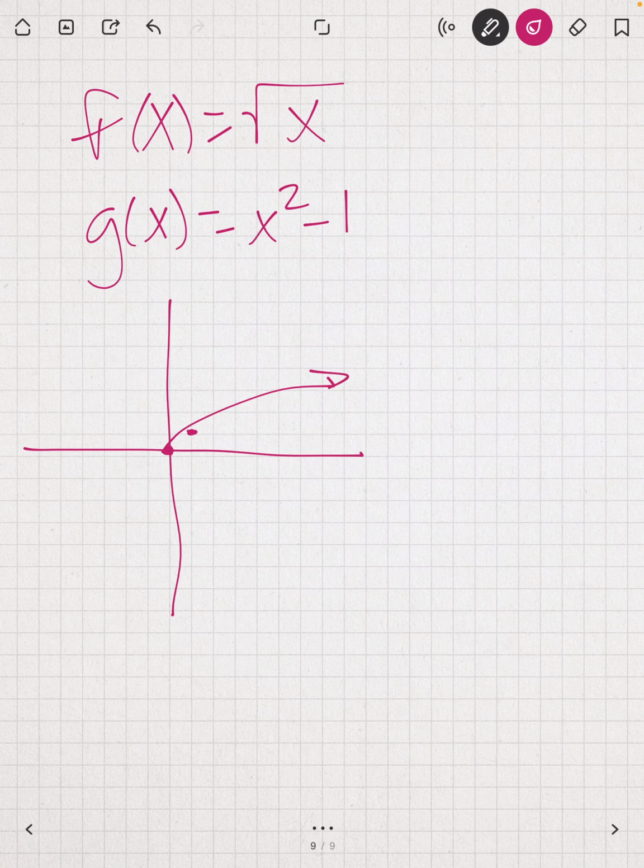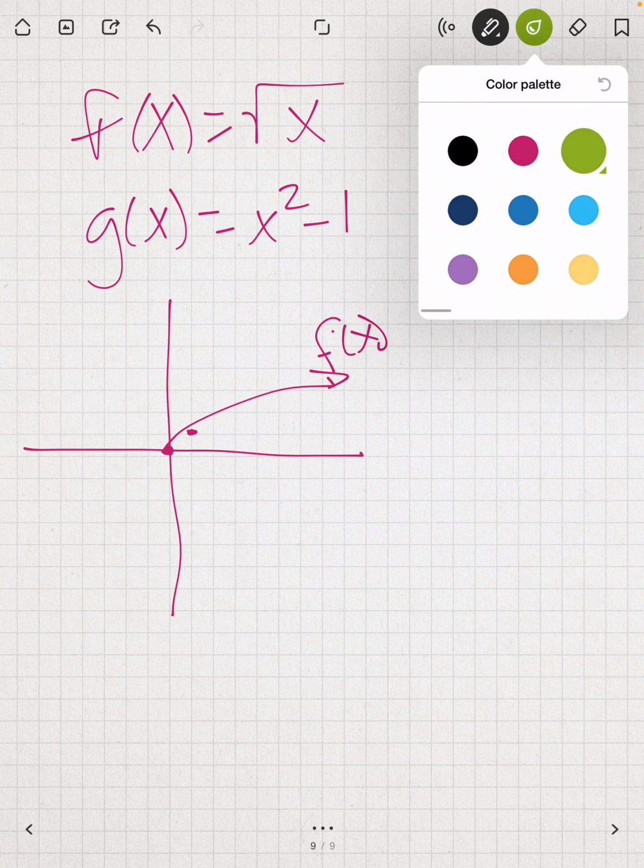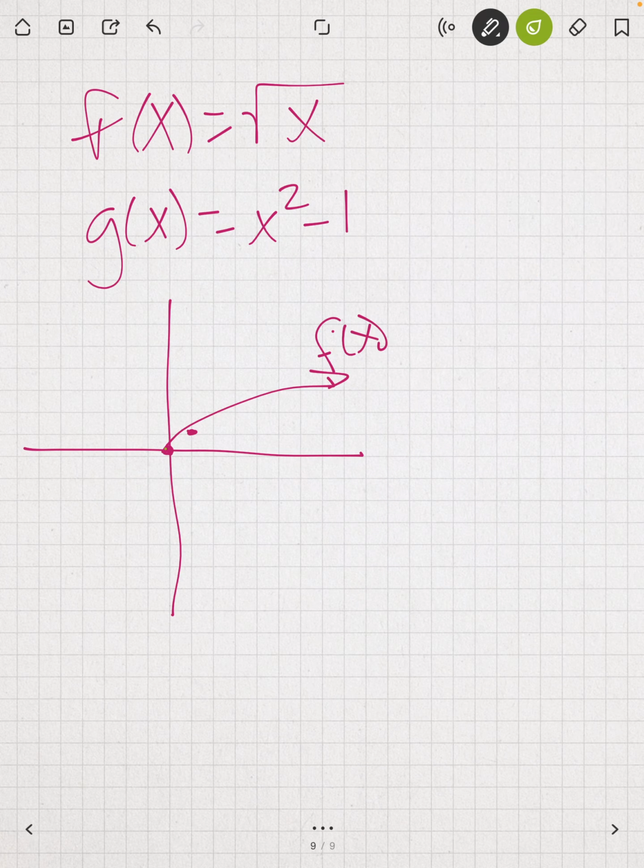And now we have our, so that's f of x, g of x. At 2, we're at 3. Looks something like that at g of x.